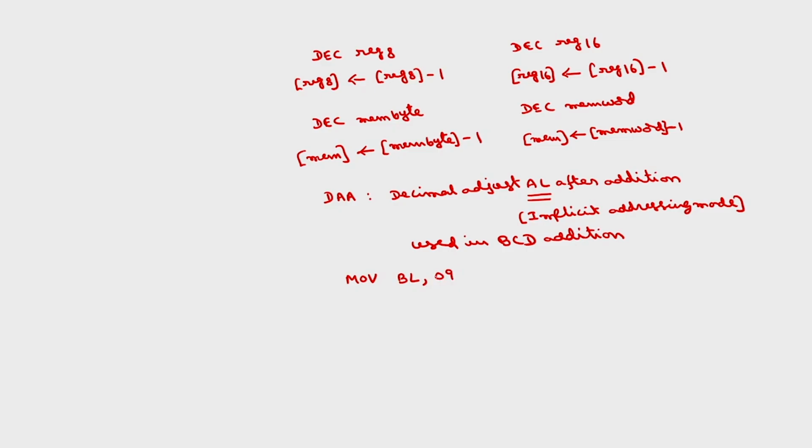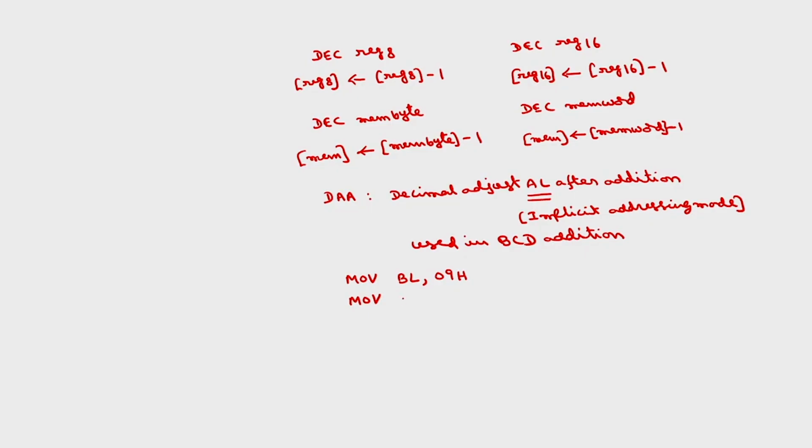Even though I give this as a BCD number, the microprocessor will assume that this is hexadecimal. But the ordinary layman knows that this is only decimal 9. Then MOV AL, 05H, and ADD AL, BL. The operation is that the contents of BL will be added with the contents of AL and the result is stored back in AL.